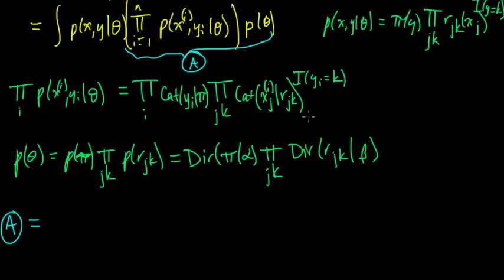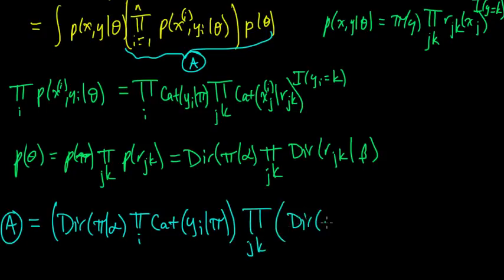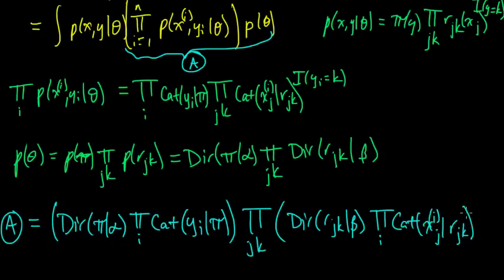This part's going to go with this part, since they involve j and k, or r_jk. So let's go ahead and say this is Dirichlet of pi given alpha times the product over i of categorical on y_i with parameter pi, times the product over all j and k of a Dirichlet on r_jk given beta times the product over i, and that's this part, categorical x_ij given r_jk to the indicator that y_i equals k. All that together.